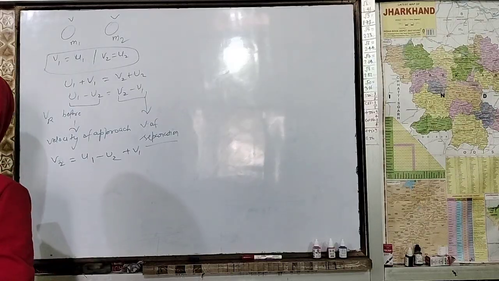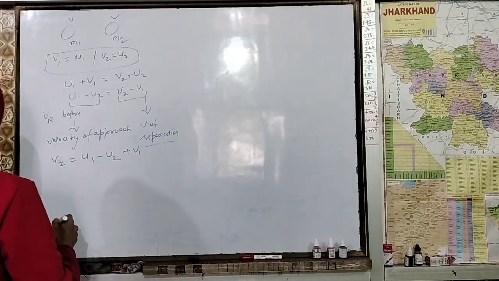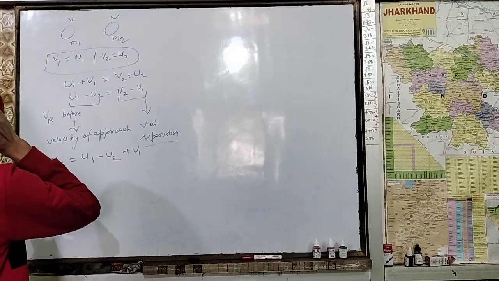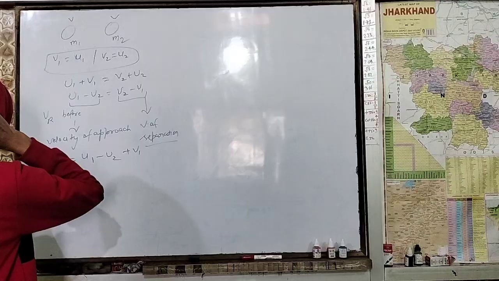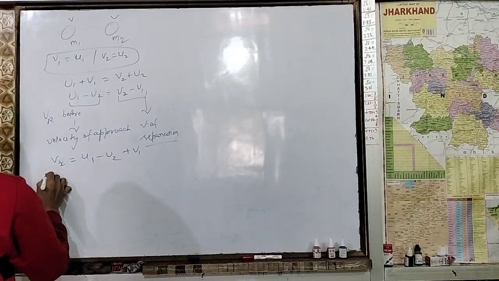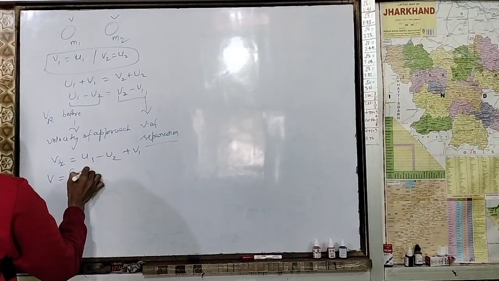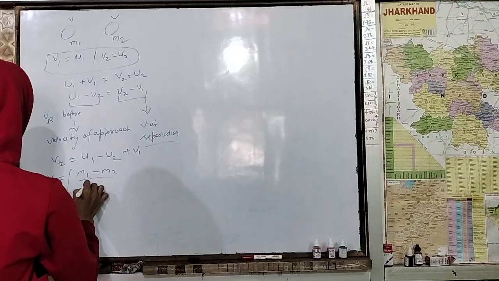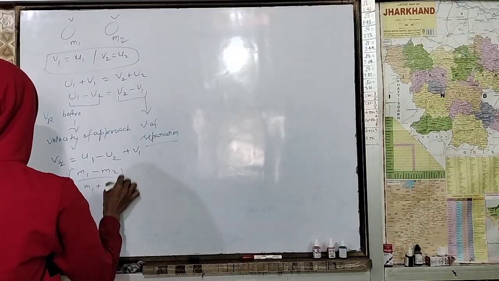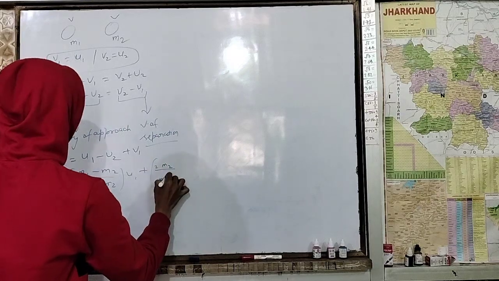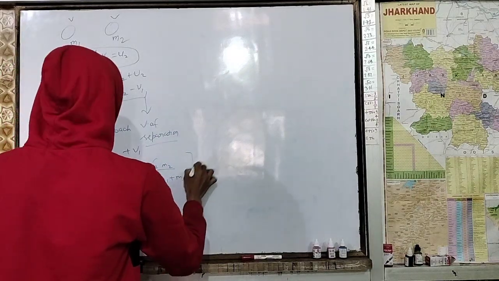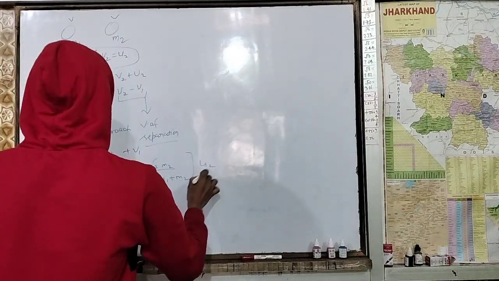Putting this value of v2 in equation 1, we will get v1 equal to (m1 minus m2) upon (m1 plus m2) times u1, plus 2m2 upon (m1 plus m2) times u2.